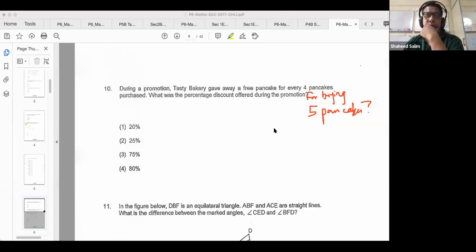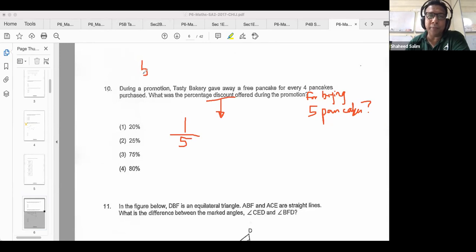Okay, here we go. So we have so far, not sure. If you are not so sure, you must understand the meaning of the word discount. Discount means no need to pay. You don't need to pay 1 pancake out of a total of 5 pancakes. 1 pancake is a discount.